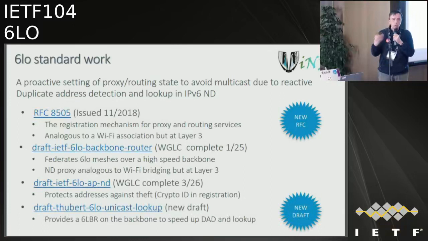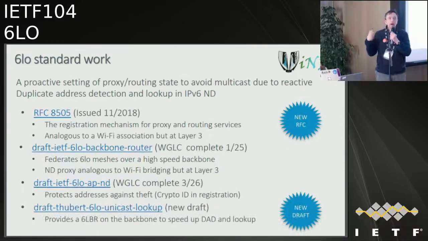So one of the ways to improve a situation like this is to actually enable what we call a 6LBR, which is this registrar that we've introduced with RFC 6775, but also have one on the backbone itself. So it would actually serve the Ethernet people. So now you can do a unicast lookup to that 6LBR and know which is the MAC address for that particular device.